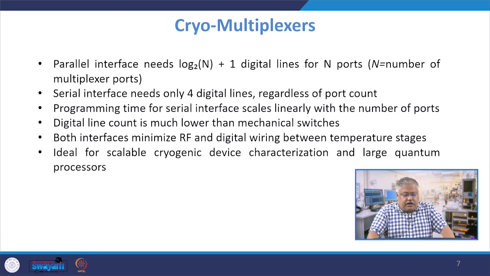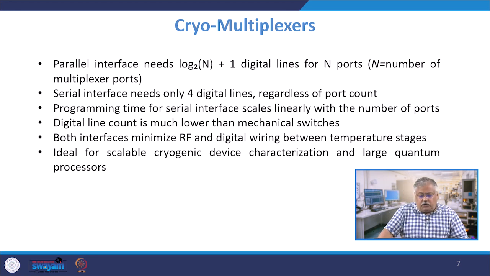Again, as I have already discussed with you, if you have serial interfacing, then if there are 4 qubits, you require 4 digital lines. If it is parallel interfacing, you require log n to the base 2 plus 1 digital lines for n number of ports. So, let's take n equals 8.